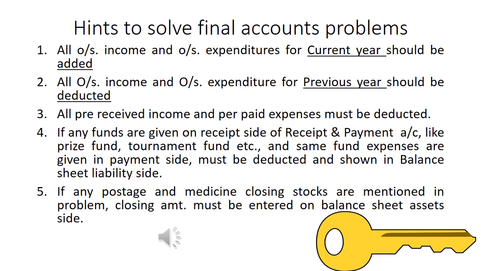Same type: all outstanding income and outstanding expenditure of the current year should be added. All outstanding income and outstanding expenditure of the previous year and the next year must be deducted. That's all. If it pertains to the current year, add it. If it is for last year or next year, it has to be deducted. That is very important.